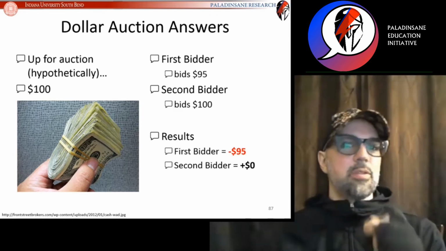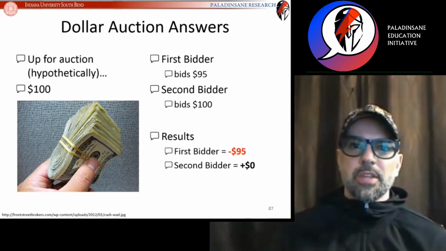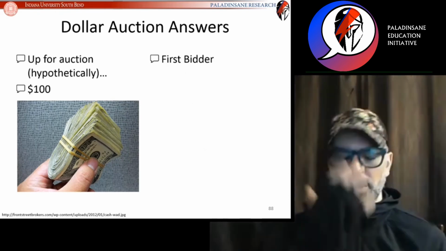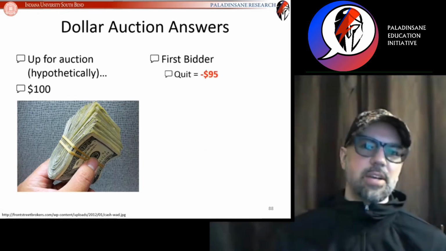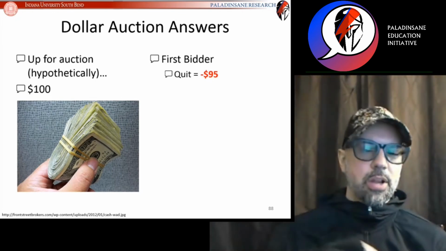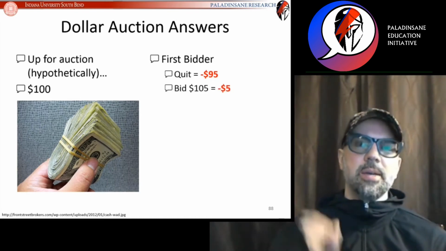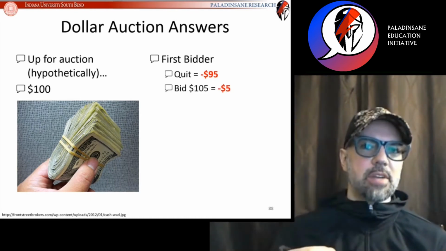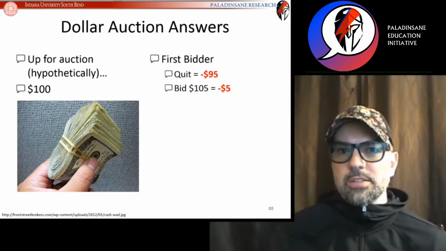But it's about to get even weirder, because look at the situation that the first bidder is in. The first bidder is sitting there going, oh my goodness, if I quit now, I'm going to lose $95. That's a huge loss. But wait a second, what if I come over the top one more time and I bid $105? If I have to pay $105, but I get $100 in return, I'm only losing $5.